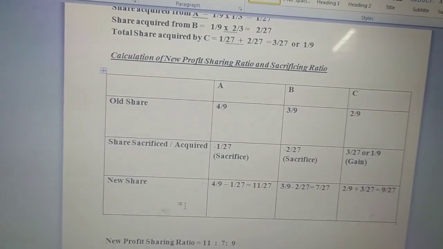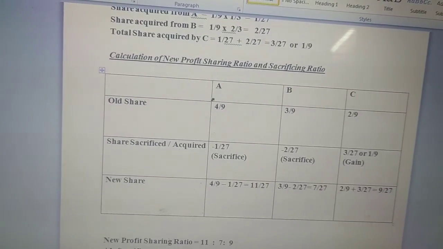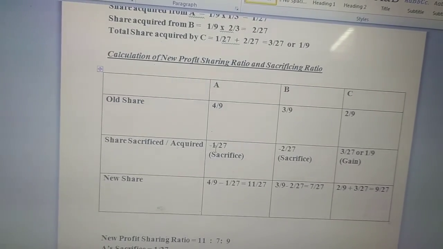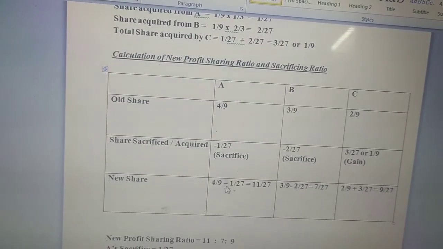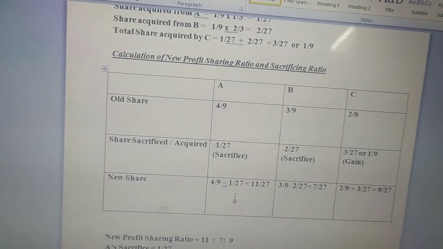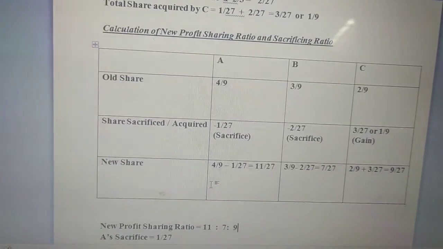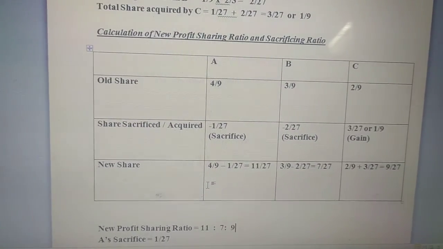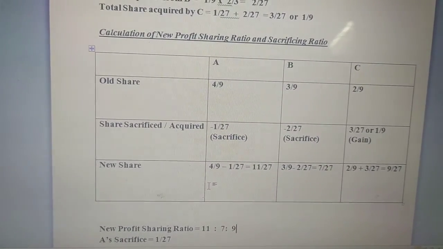How will you calculate? Out of the total share of A, which is 4 by 9, how much did he sacrifice? 1 by 27. So we need to subtract that from his old share. That means 4 by 9 minus 1 by 27, which he sacrificed. You will get 11 by 27.